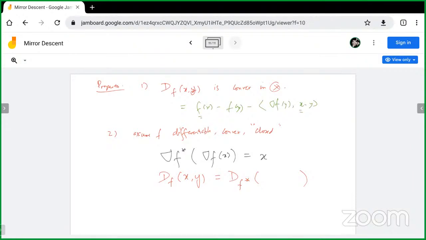Yeah, exactly. We switch that: grad f of y, grad f of x. So this is the curious thing. Let's see why, and understand what's going on between the dual and the primal.